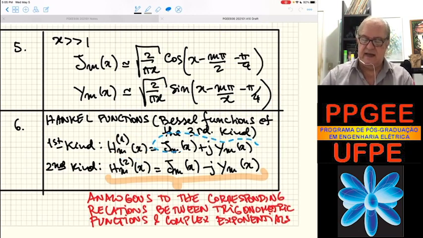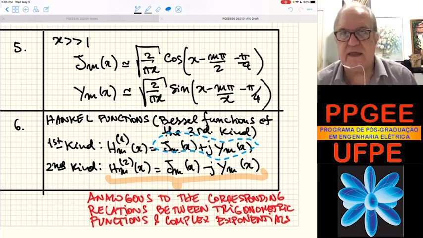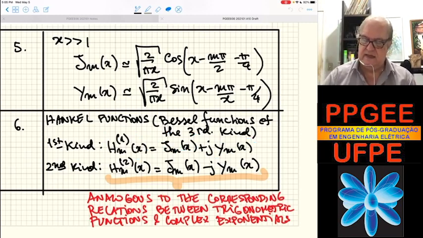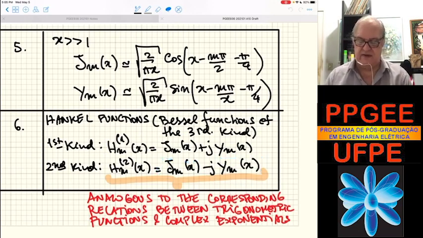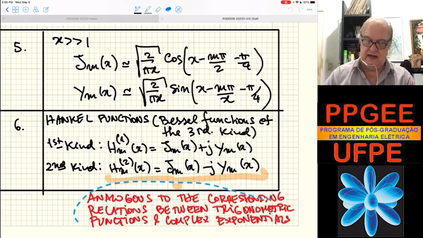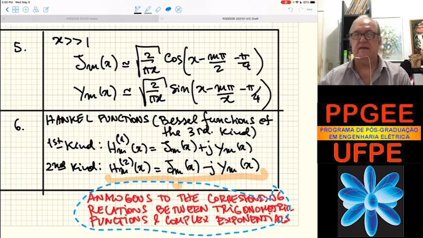They are the cousins of the complex exponential functions: J plus jY, J minus jY. So we have the Hankel functions.